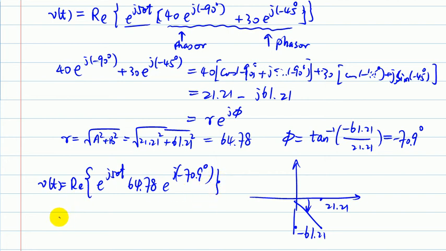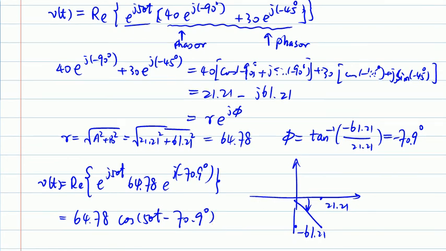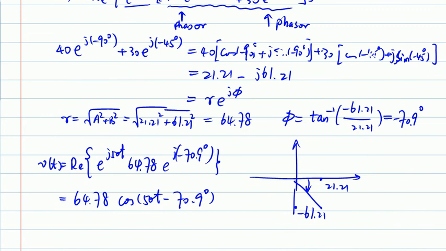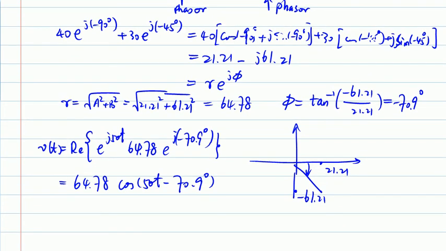Group this whole thing and you will get 64.78 cosine of 50t minus 70.9 degrees. So now we made use of the phasor and simplified the original function.